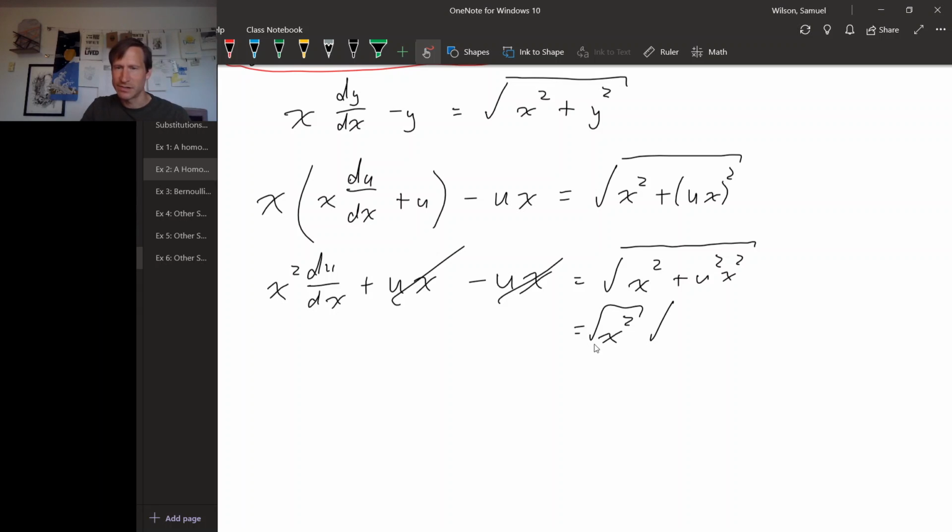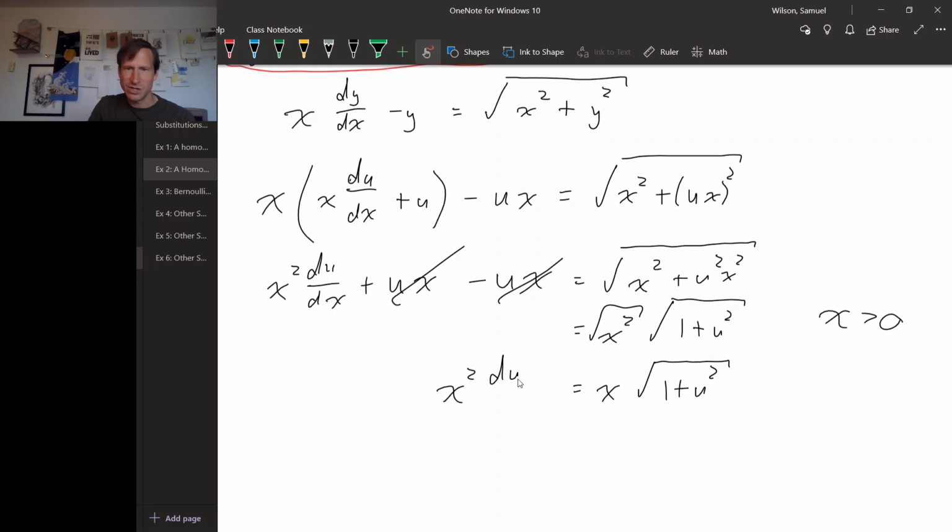So the square root of x squared times 1 plus u squared. To simplify this square root, let's add a condition that x has to be positive. That means the square root of x squared is x times the square root of 1 plus u squared. The left-hand side is now just x squared du/dx.